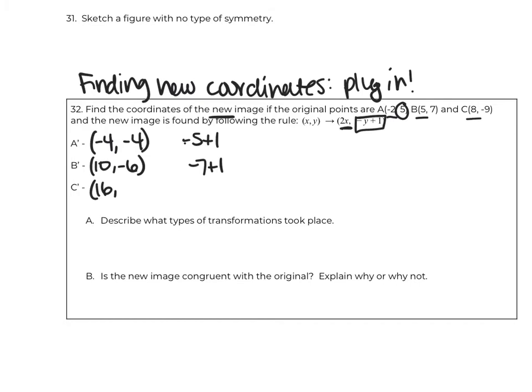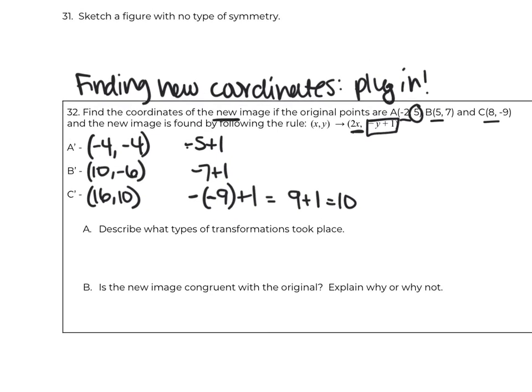Oh, no, just kidding. Glad I got that. Sorry, it's really early. So for C, it's negative 9 plus 1. So that's 9 plus 1, which equals 10. I think I had it right on the key, hopefully. Check it, though. Alright, and then there are lots of these on the test.